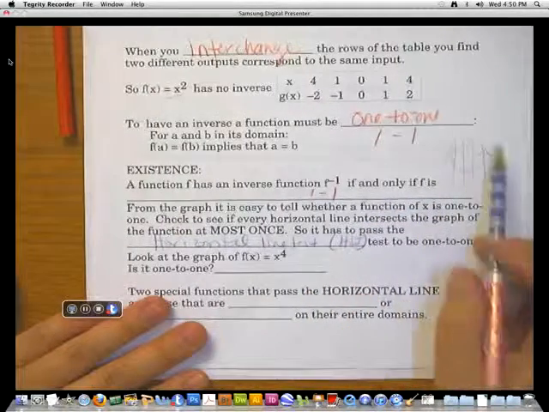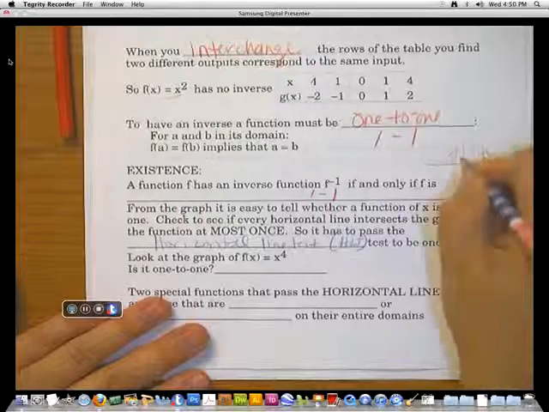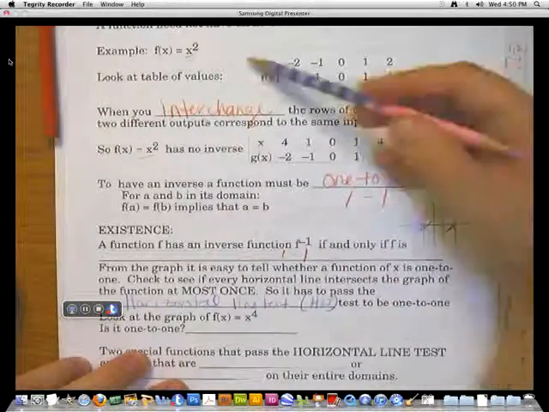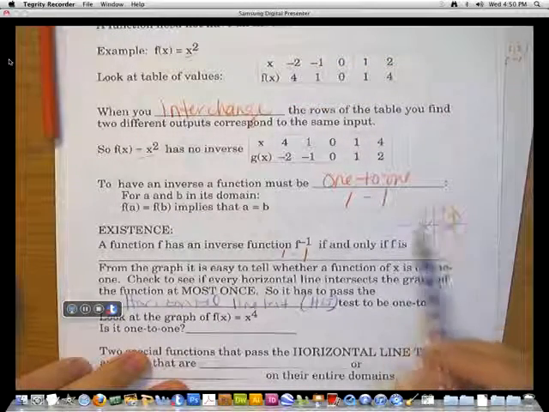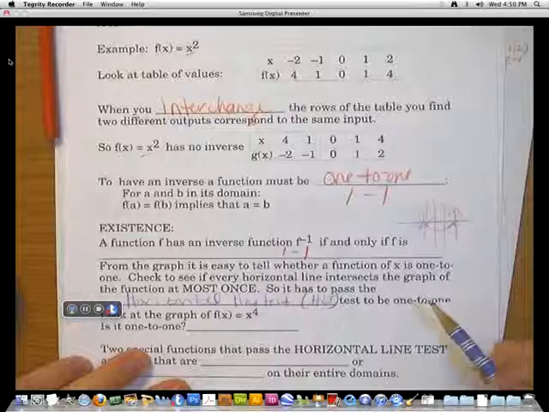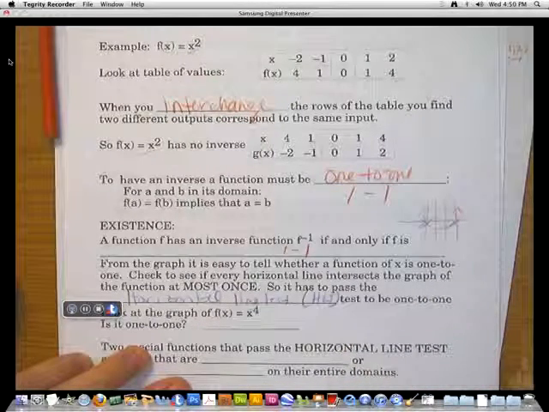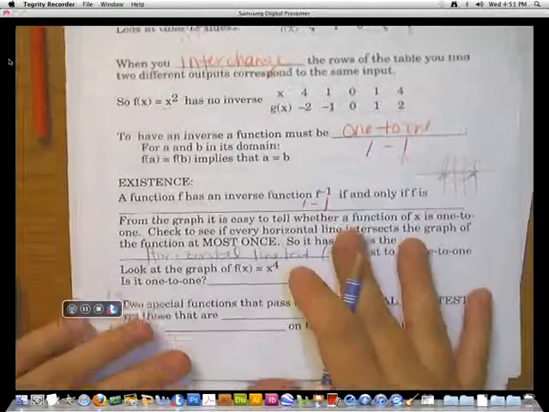All right, if I run the horizontal line test on a parabola, notice it hits twice. That's why the x squared up here does not have an inverse. This parabola will never have an inverse because no matter what, when you run that horizontal line, it's not going to be 1 to 1. It's not going to hit only one time.